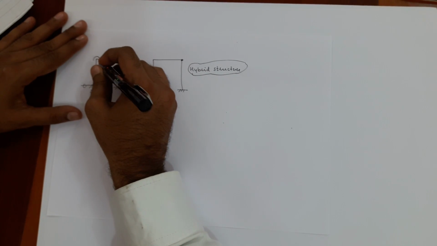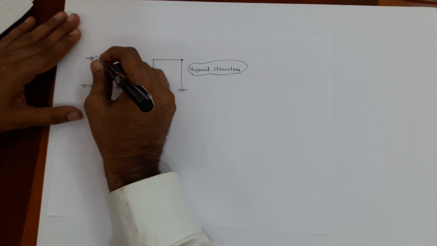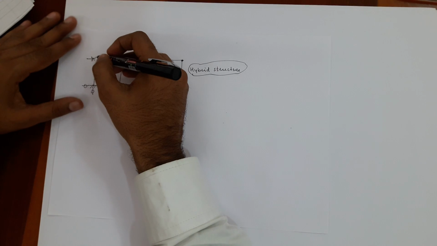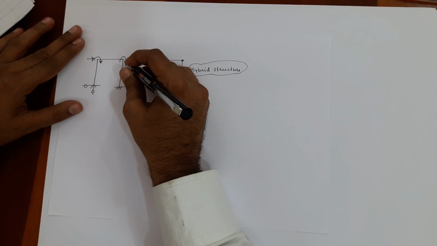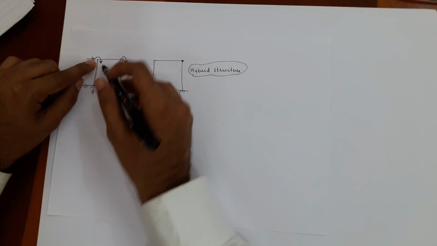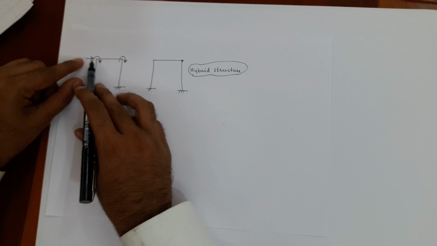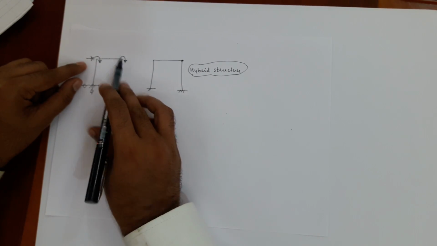Here this joint will rotate and there will be a horizontal deformation. We are neglecting the axial deformation of the column. Here the joint will rotate and we don't have to show the horizontal deformation, because the horizontal deformation of this joint and this joint are the same. We have already shown it, so we don't have to show it here.